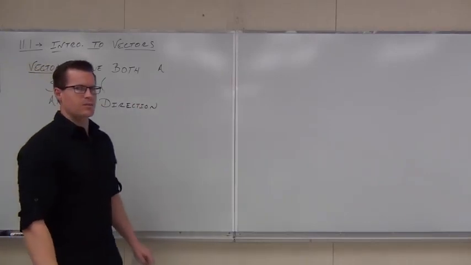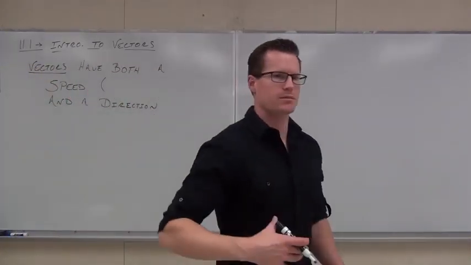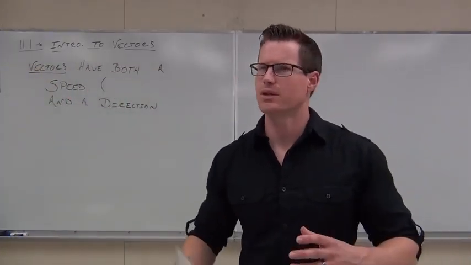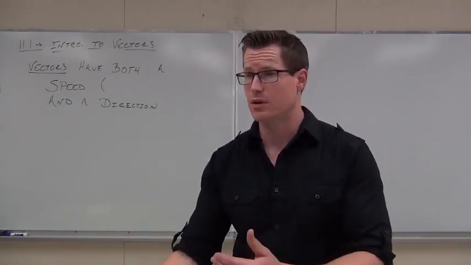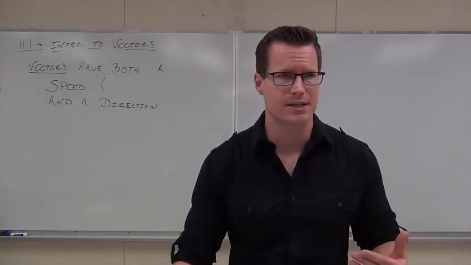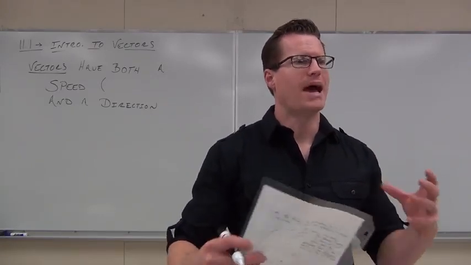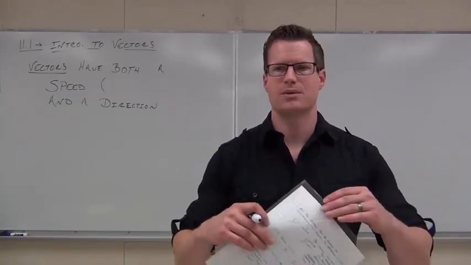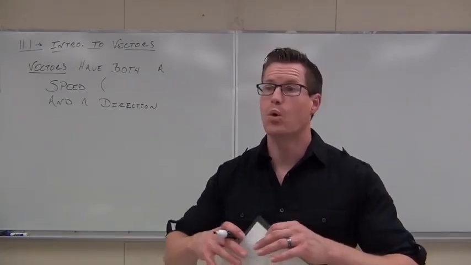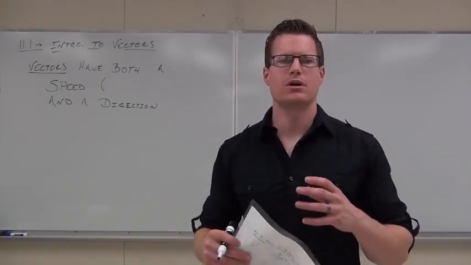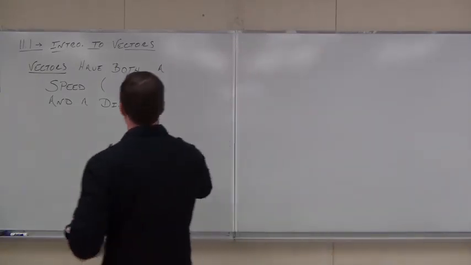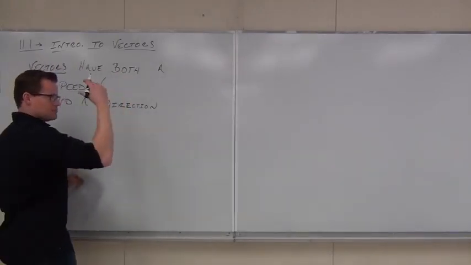The speed, I want to talk about that a little bit more. When we talk about speed, that's not really great because sometimes we don't have speed with all of our vectors, and it has a different connotation. Instead of talking about speed a lot, we're going to call this thing magnitude. So if you want to talk about something having more speed, more force, we're going to call that a magnitude. So when you think speed, think magnitude.